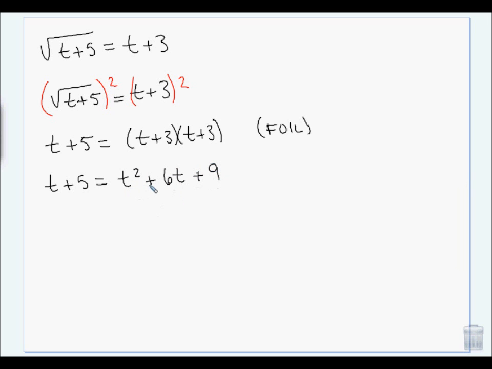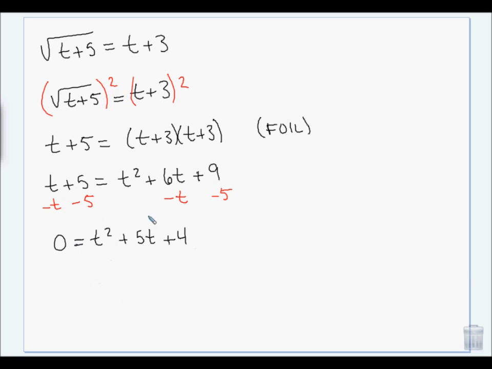And I will end up with t squared plus 6t plus 9. I'm going to subtract everything from this side so that it's set equal to 0. So this becomes 0, and I have t squared plus 5t plus 4.